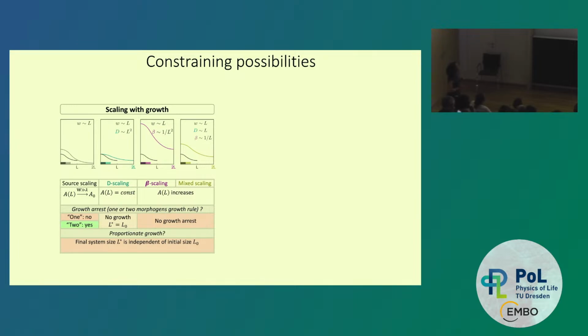And so, in essence, what they're doing is a minimal model screen, and asking, if they think about scaling with either the diffusion coefficient, the degradation term, or mixed scaling, which one of those scenarios theoretically matches with the experimental data.